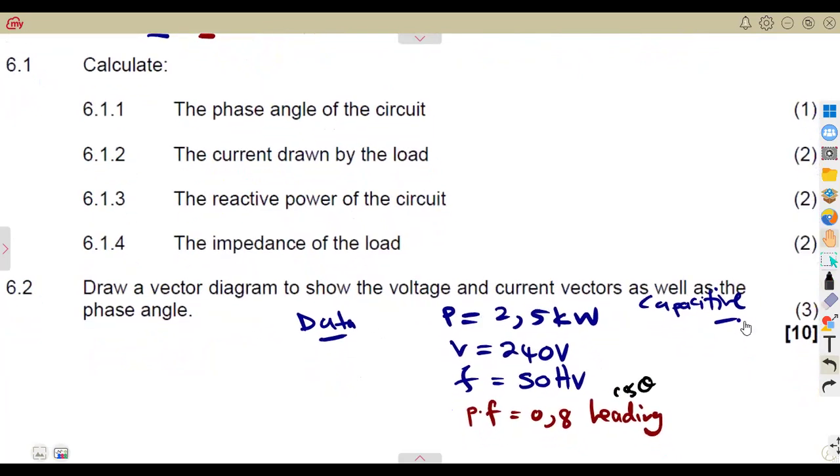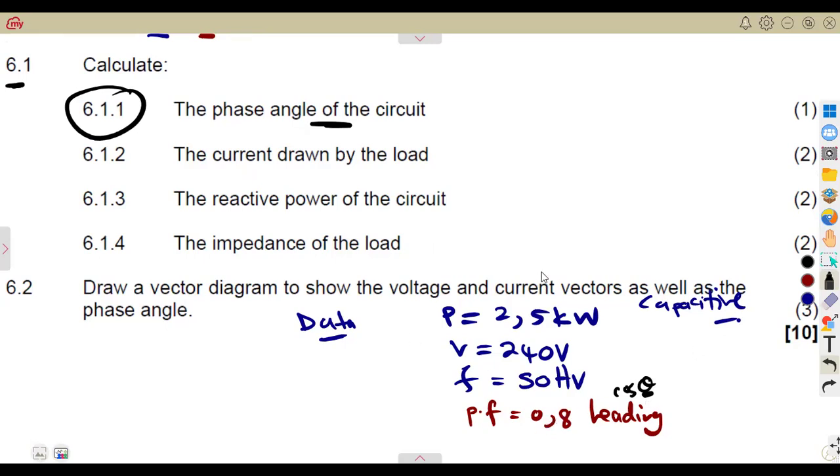From 6.1, we are asked to calculate 6.11, the phase angle of the circuit, which is the theta.